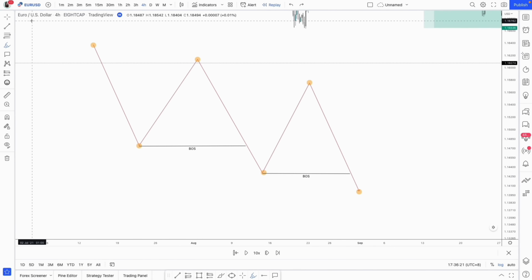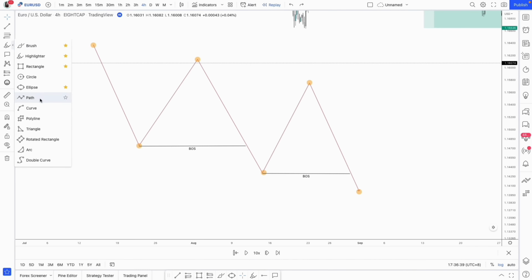Now, the problem with this is what most traders look at market structure like. They don't ever look at it from a multi-dimensional perspective. And that's what price action is. Price action is multi-dimensional. So in order to actually understand it correctly, we must respect it and give it the understanding which it is, right?